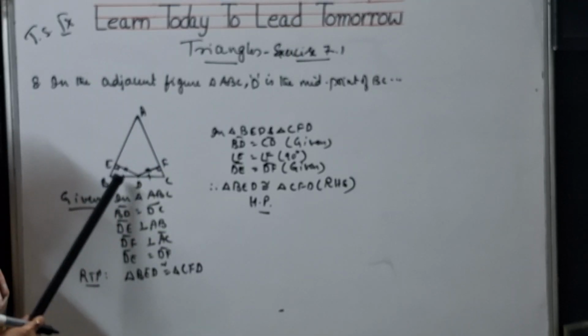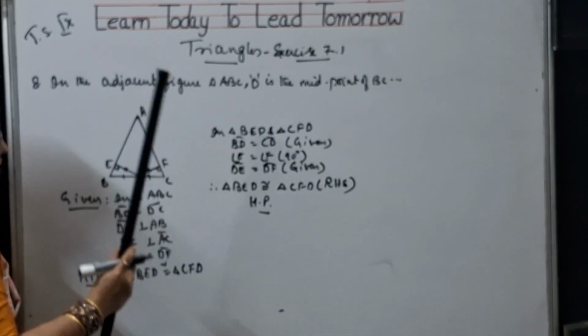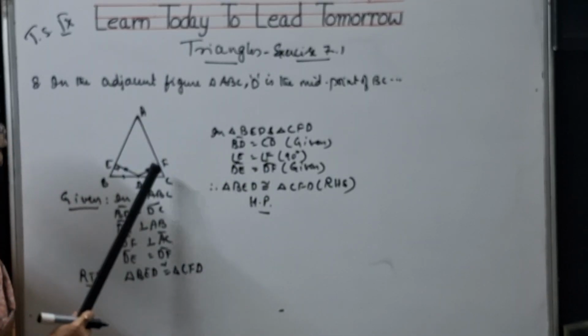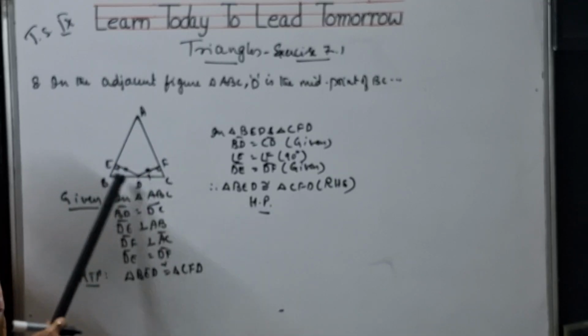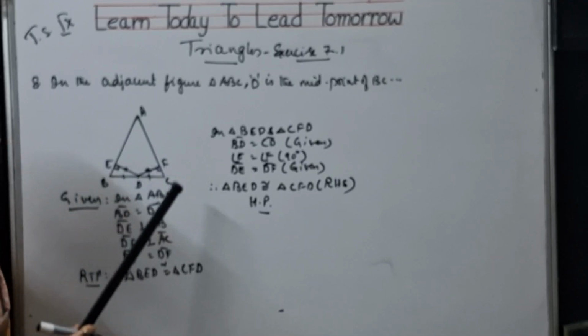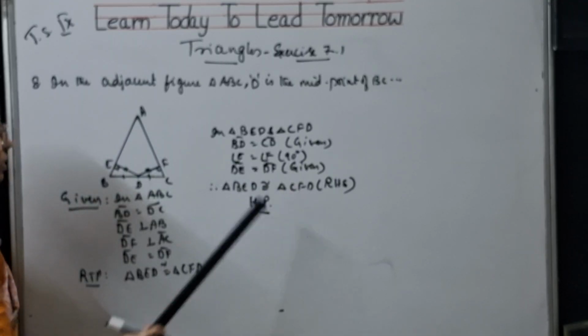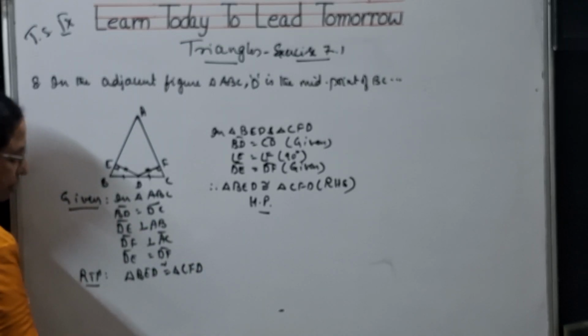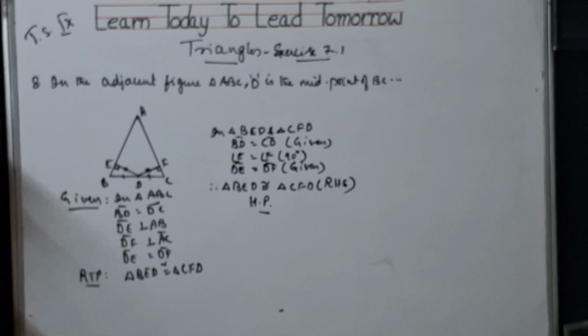So in these two triangles, BD is equal to CD, they have given to us, and angle E is equal to angle F, 90 degrees, because they are perpendicular. DE is equal to DF, it is given. So basing on RHS property, these two triangles are congruent. Please note it down.